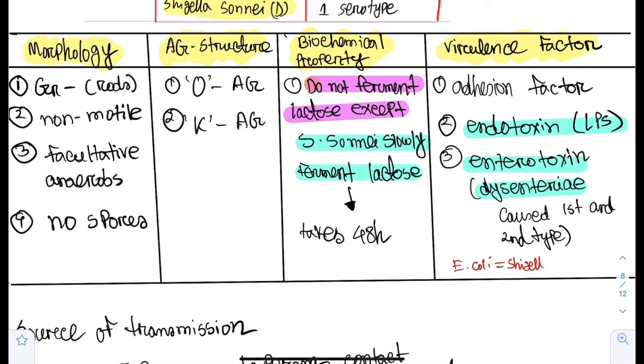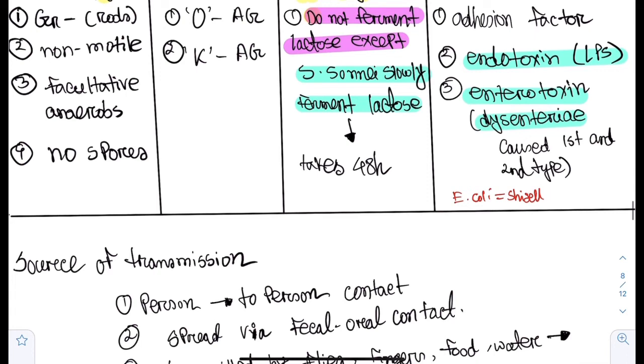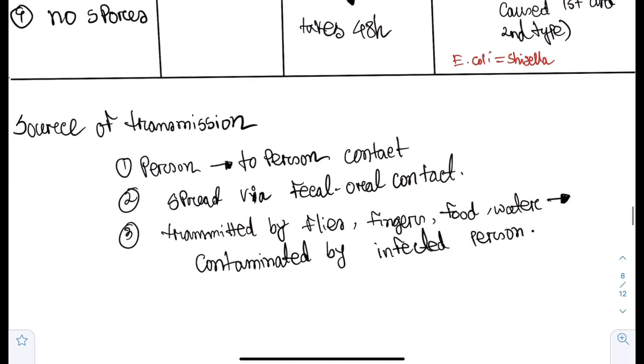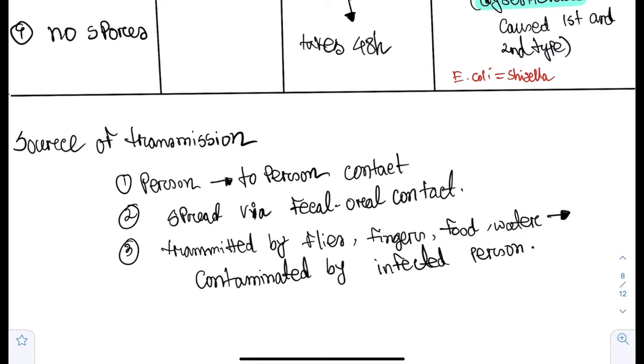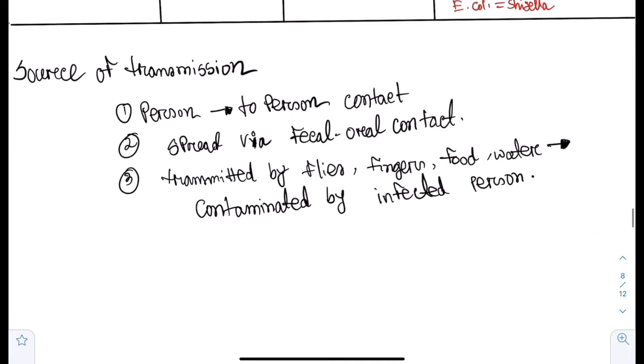In E. coli, we have learned that it also shows diarrhea or dysentery as symptoms, as does Shigella. So Shigella also shows the symptoms of E. coli, such as dysentery.